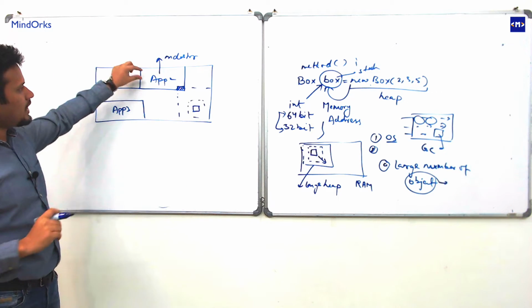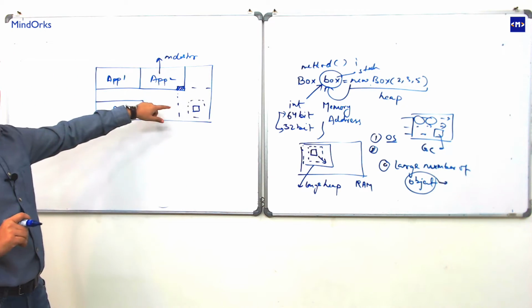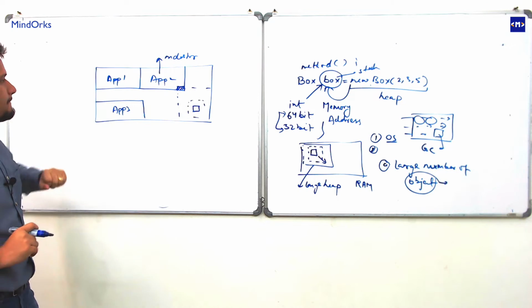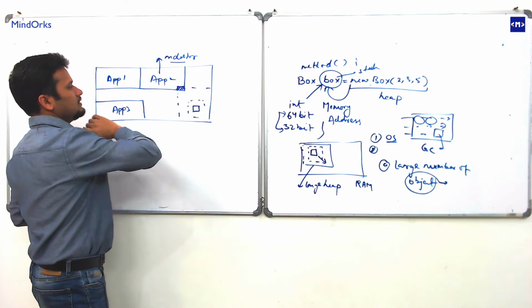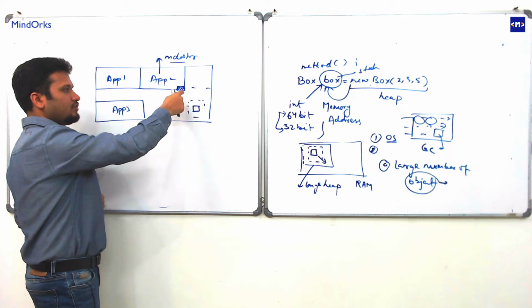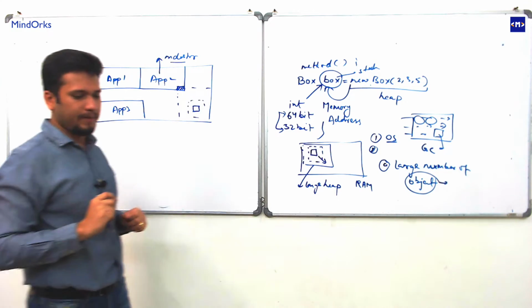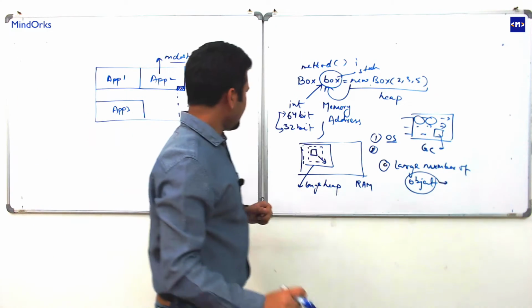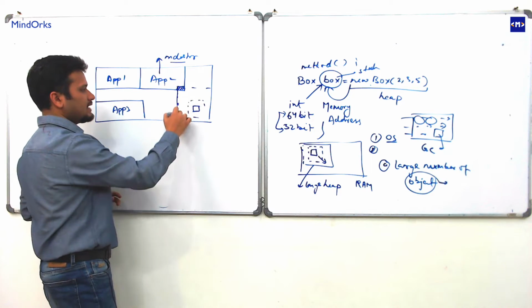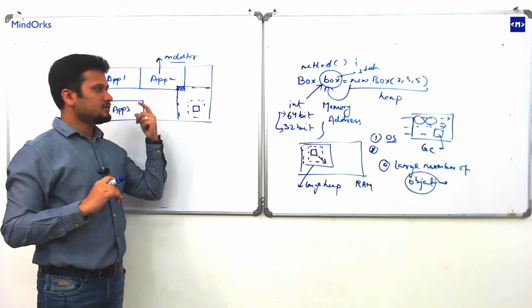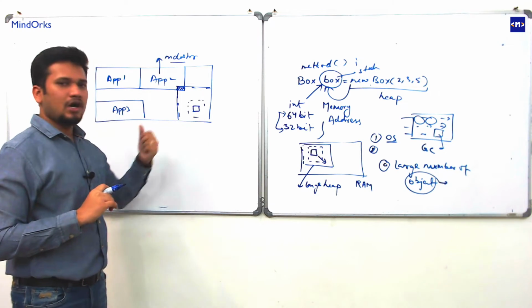So now you understand in what situation an app in the background can be killed. Your system will kill other applications to provide your application the required memory. Now if you fill up all the space that is allocated to you, then obviously the system will throw an out of memory error.